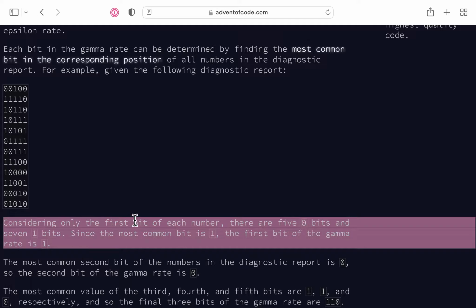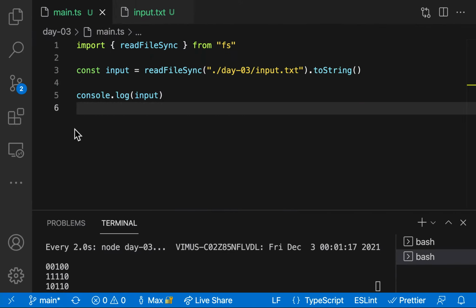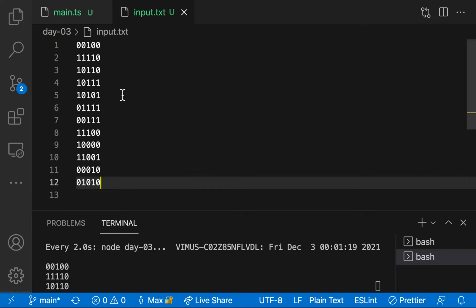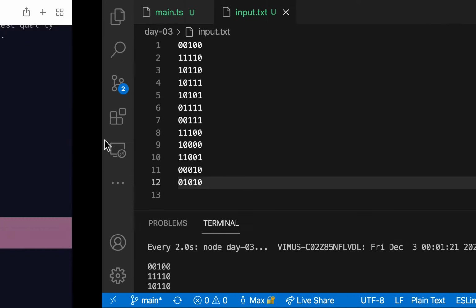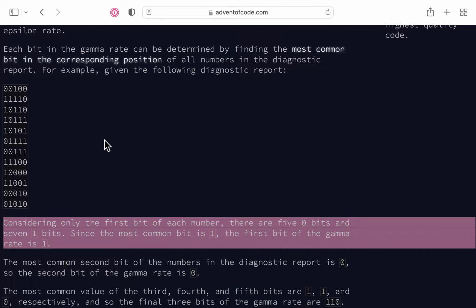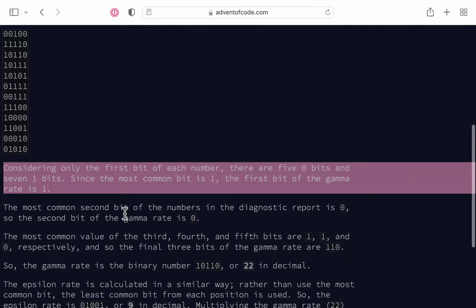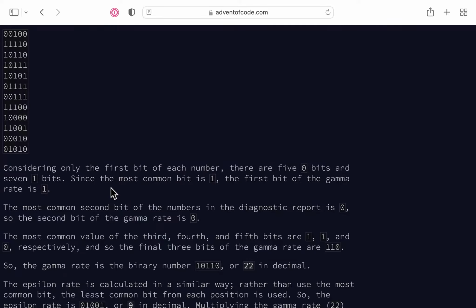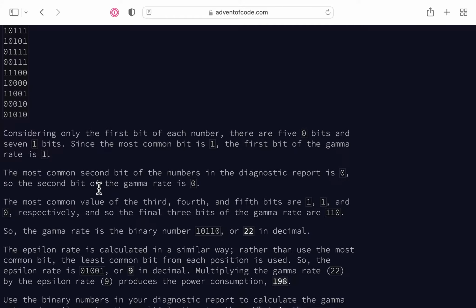Considering only the first bit of each number, so I guess there are 12 lines here, so we just look at the first number in each row. Right, so there are 1, 2, 3, 4, 5 that start with 0, 7 start with 1, okay. Considering only the first bit of each number, there are 5 0 bits and 7 1 bits. Since the most common bit is 1, the first bit of the gamma rate is 1.